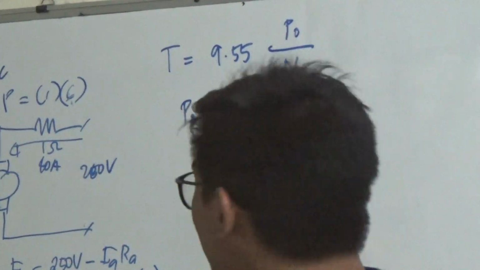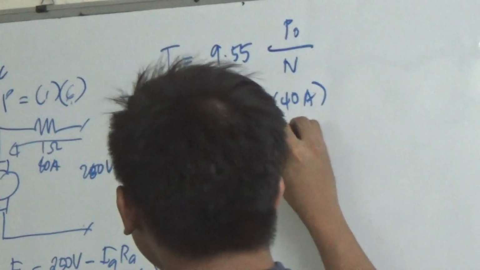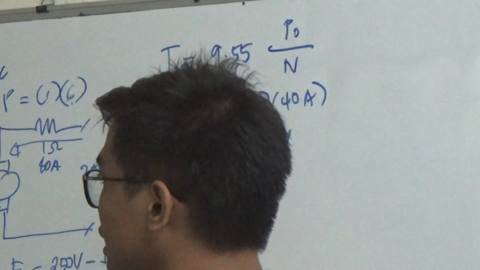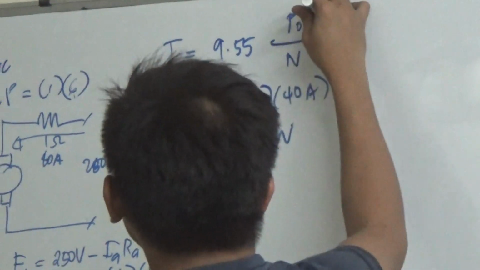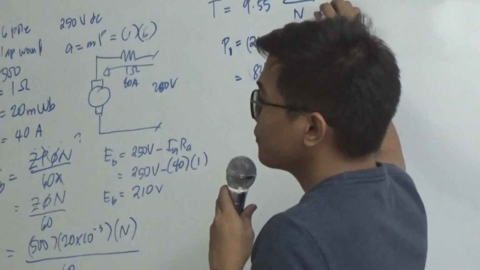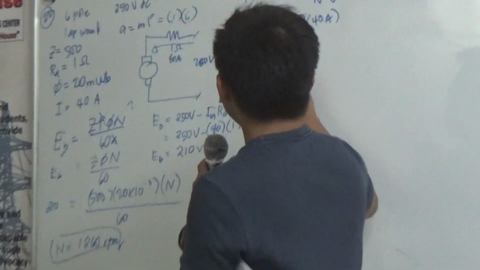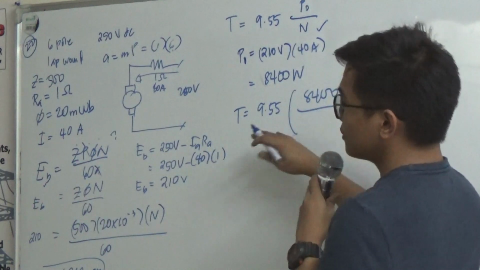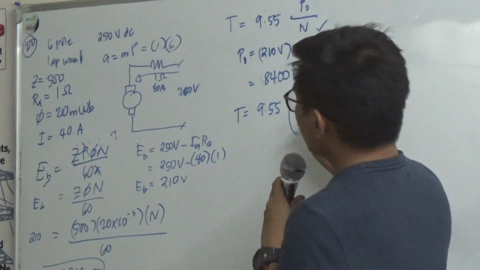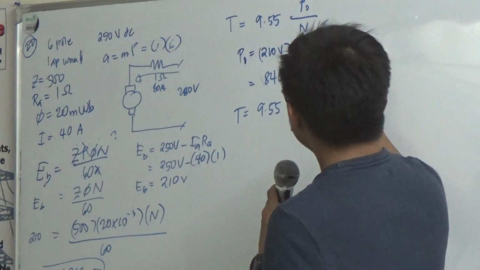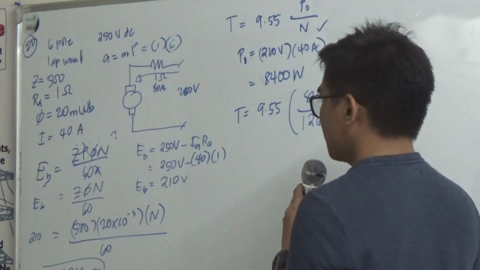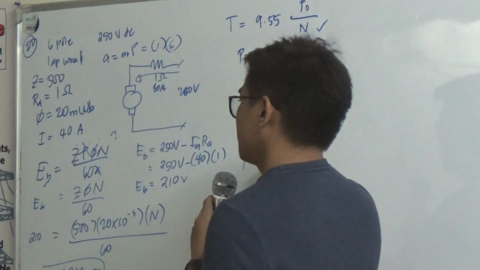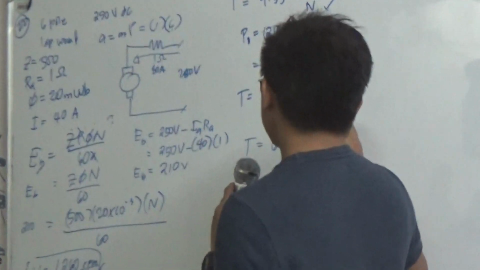Okay. Then yung torque natin, meron tayong power output, meron tayong RPM. So torque equals to 9.55 multiplied by 8,400 divided by the 1,260 RPM that we got earlier. That is 63.66 Newton meter.